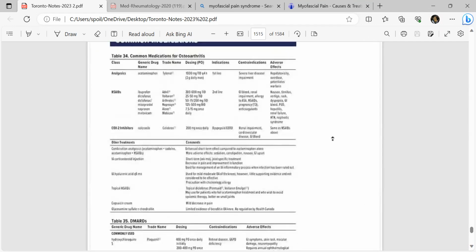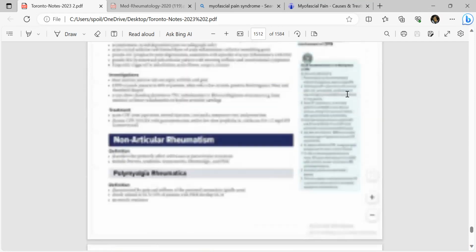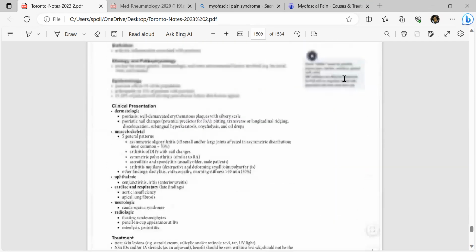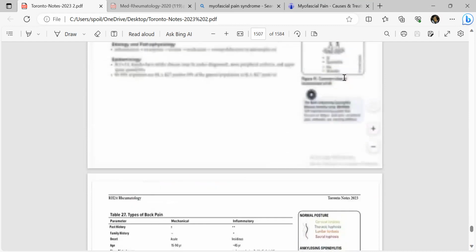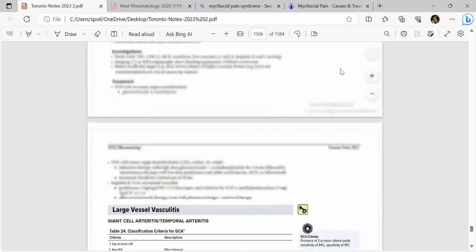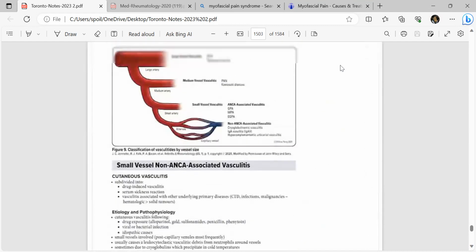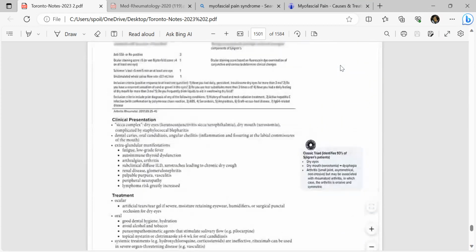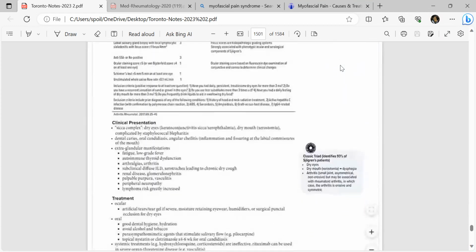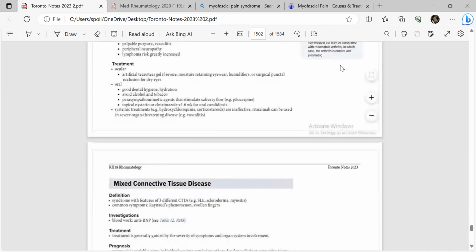So the treatment for that is symptomatic, that is the patient is having dry eyes. We will give the gel or artificial tears, eyewear, good dental hygiene, hydration, and avoidance of alcohol and tobacco.